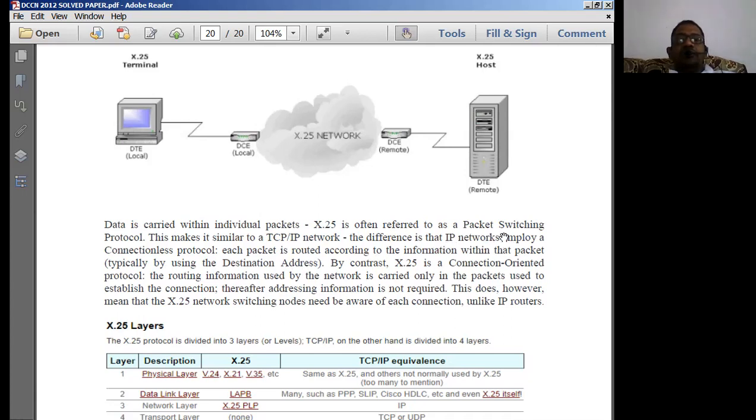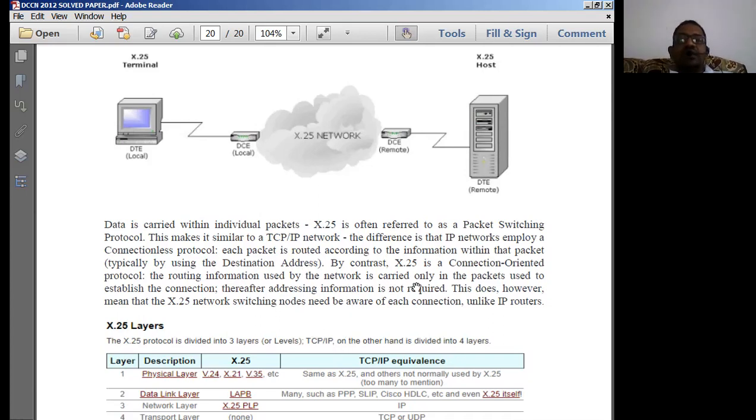So every packet is normally routed to the destination by different routes. In a connectionless protocol, there is no physical connection established between source and destination in TCP/IP. Therefore, we call it a connectionless type of protocol. That is a very important topic under discussion.